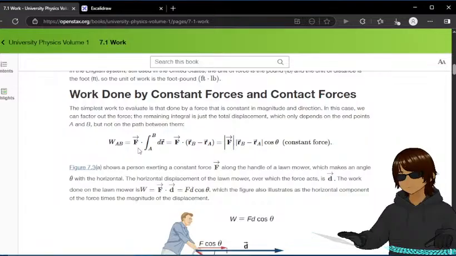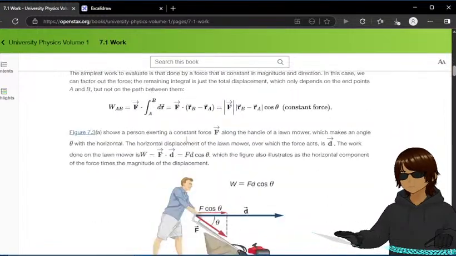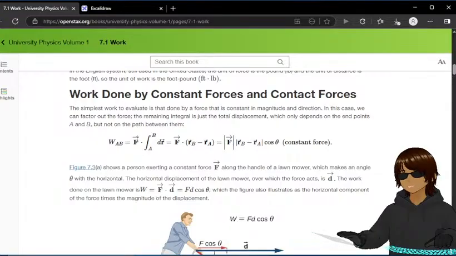So force F times the integral from A to B of dr. This force is a constant, right? But it's only constant in one direction, right? So the magnitude and direction of the force is constant throughout the entire path from A to B. And rB minus rA.